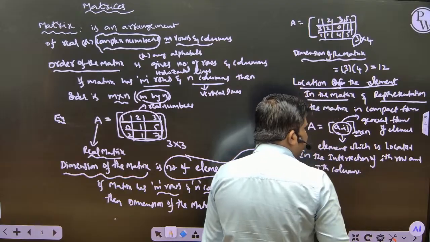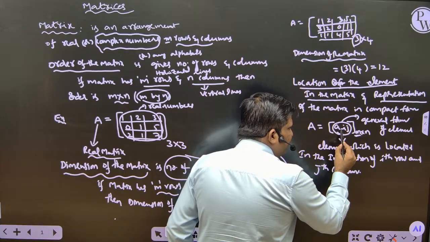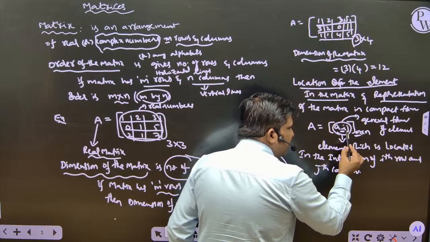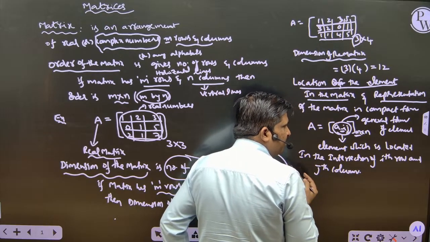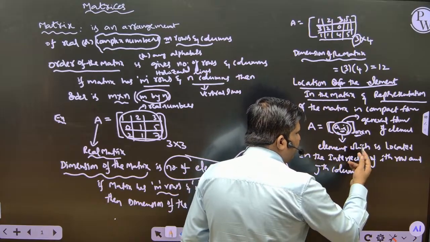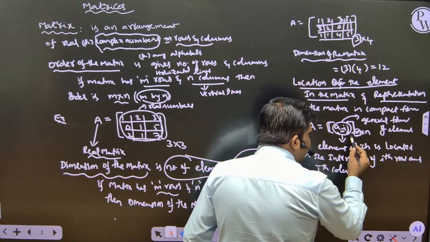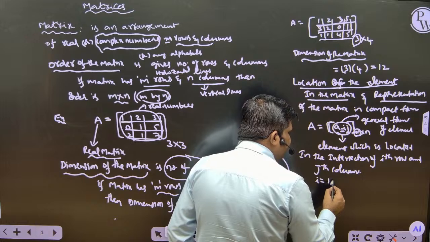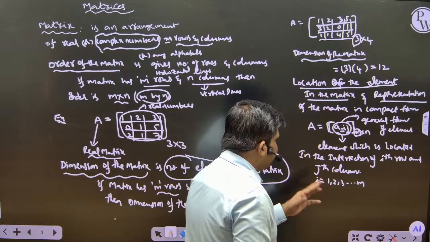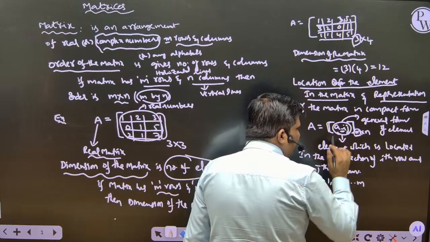Here m is the number of rows. In this A suffix ij, the first suffix represents the row, the second suffix represents the column. Here the order of the matrix is m by n. The number of rows is m, so i takes the values 1, 2, 3 and so on up to m. j represents the columns.